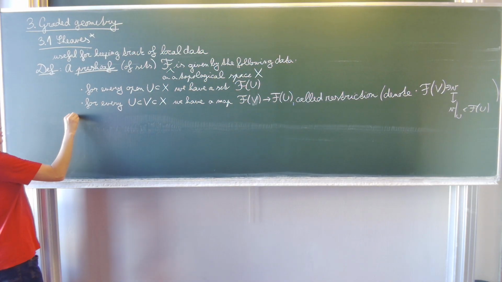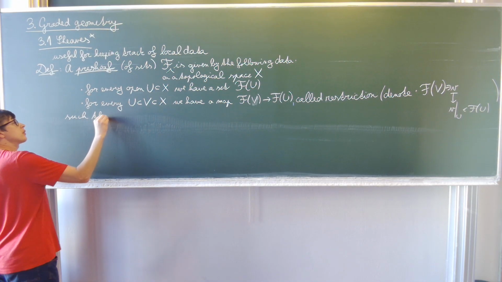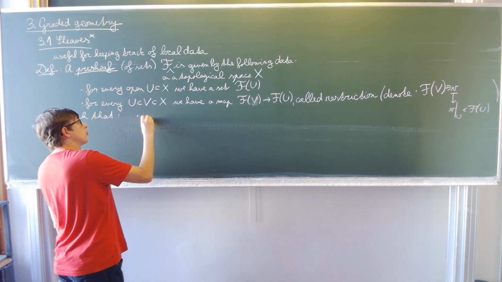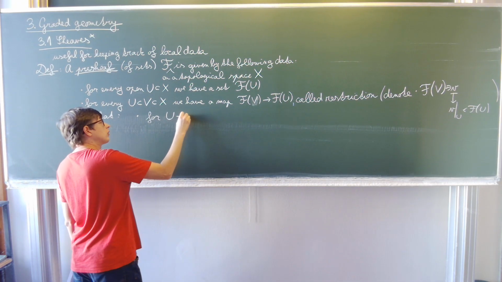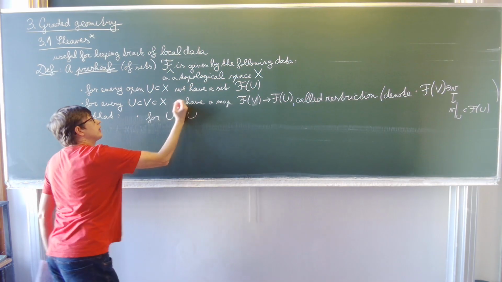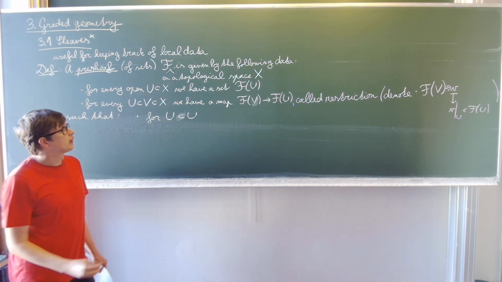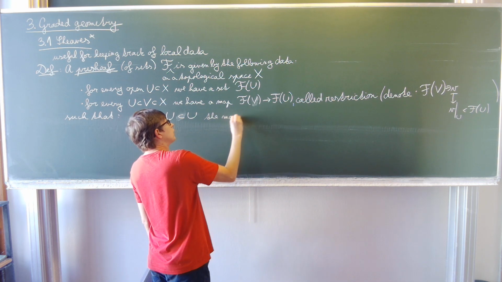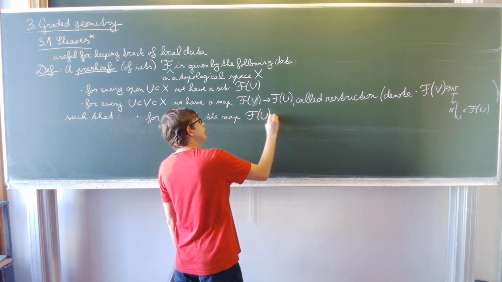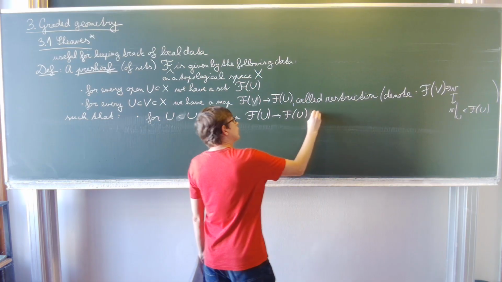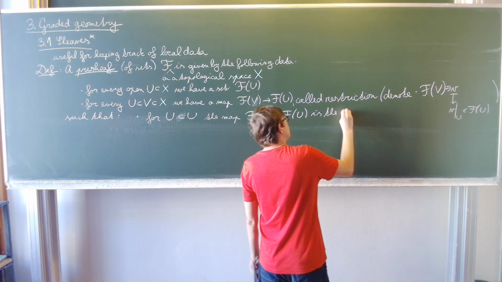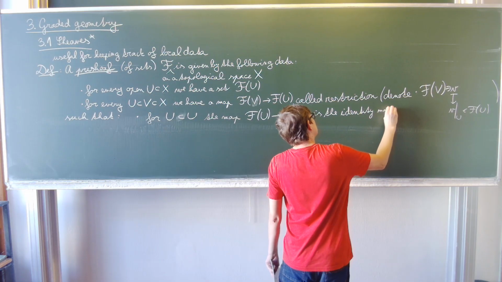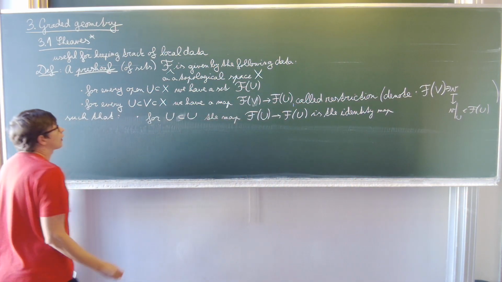And there are two conditions. The first one says that for the inclusion of the set into itself, the map is the identity. And the composition is respected.